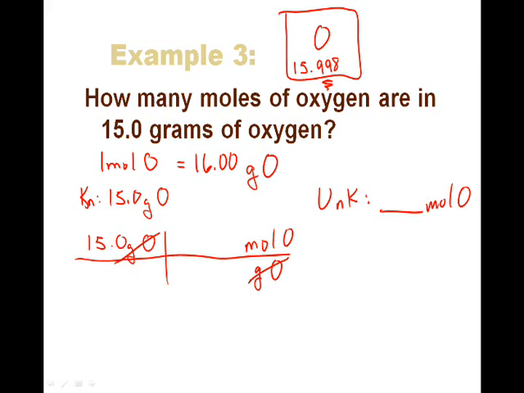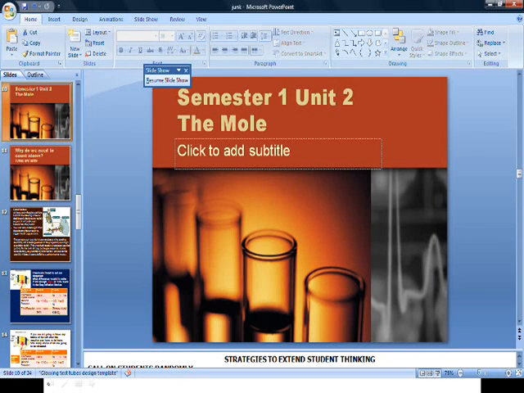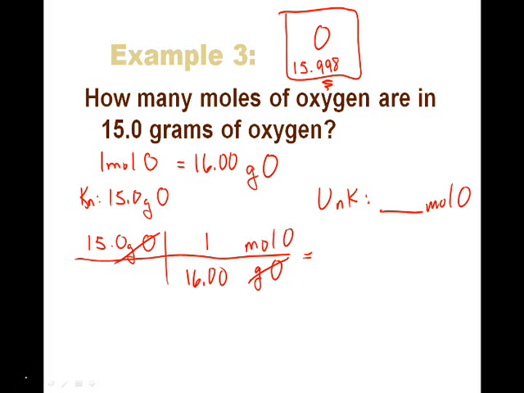We don't have to leave them there anymore. And the numbers that go here are moles of oxygen is a 1, and grams of oxygen is a 16. So now, if I just hadn't closed my calculator the last time I used it there, let's see if I'm going to be able to get it to come up.